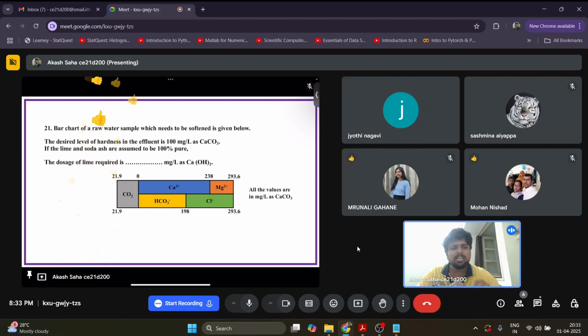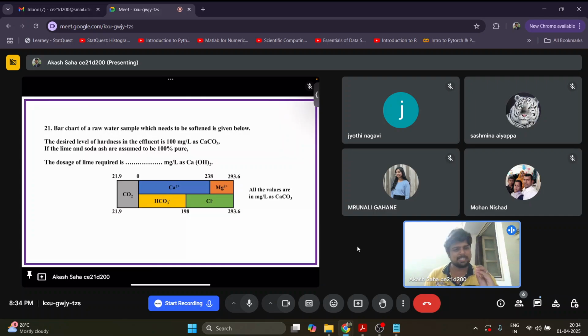In this question, the only difference is, as I told you during the stoichiometry, that for carbon dioxide also we need 1 mole of lime to remove it. Here the carbon dioxide concentration is given as 21.9. So along with 193.6, we will add this 21.9 also. So total hardness to be removed will be 193.6 plus 21.9.